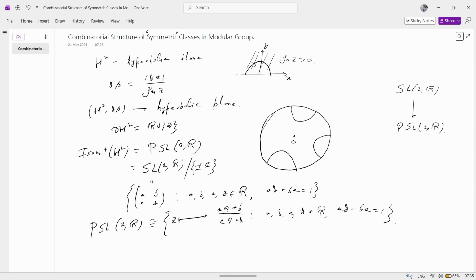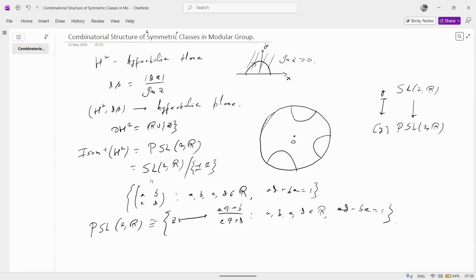But whenever we refer to a Mobius transformation, we often lift it from here to this linear group and work with matrices, because over matrices we can have conjugacy invariants like trace and several powers of trace, etc.